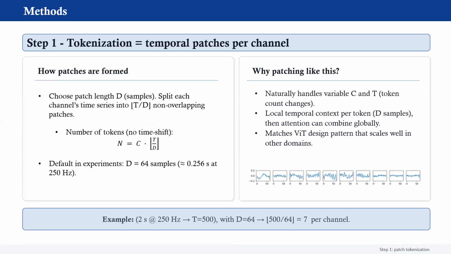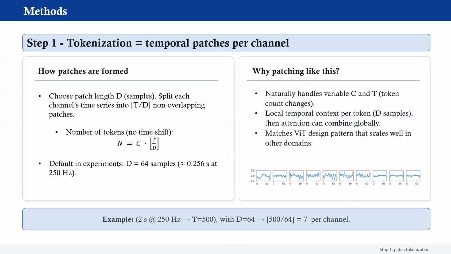So the next step is how they generate these temporal patches. You choose a patch length. Here they've taken it to be D, and D they've picked as 64 samples. You split each channel's time series. You are doing this per channel, and that is very important because that will allow us to handle multiple channels. So basically, you have your channels and you have your time points, right?